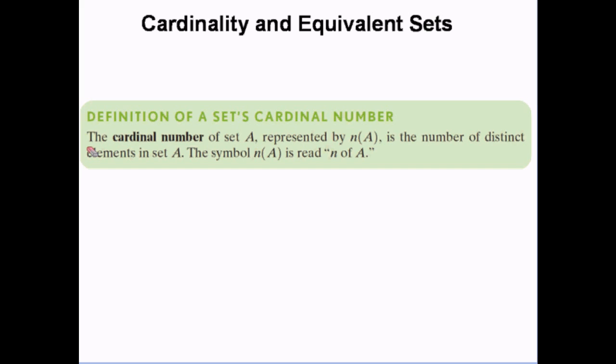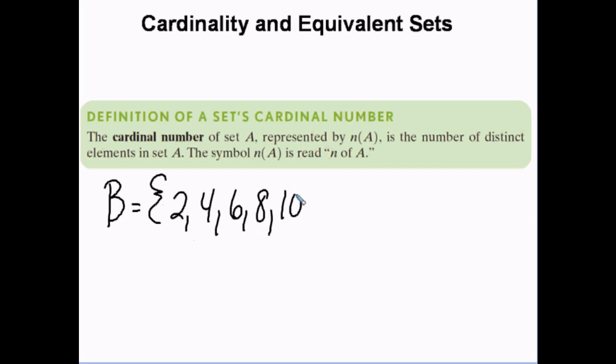So if I have some set B, I have 1, 2, 3, 4, 5 elements inside the set. So n of B, or the cardinal number of B, is 5. Not too bad. You just count how many things are in the set.